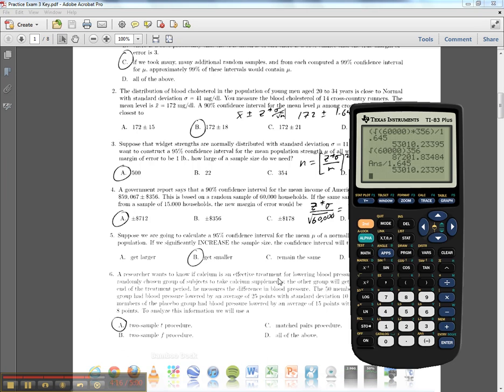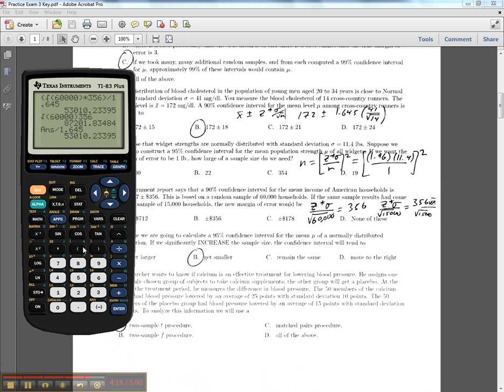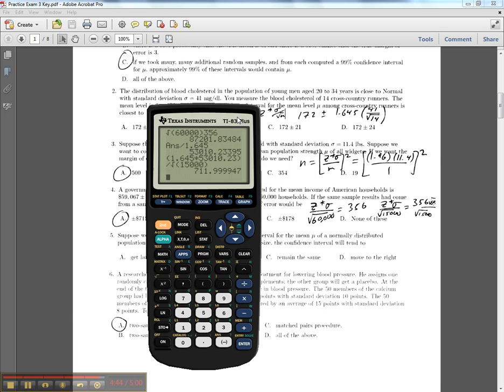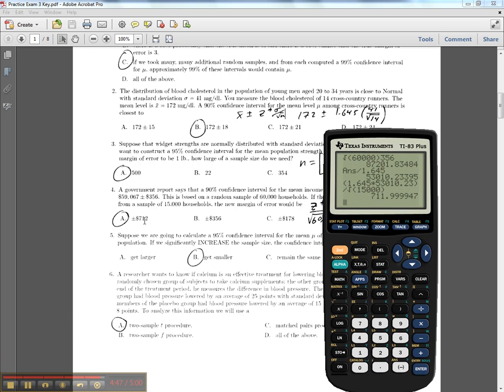We know that Z star is still 90%, so it's still 1.645 times the sigma, which is 53,010.23, and then everything divided by the square root of 15,000, and this will give us our new margin of error. Right? 711. Now we round that up to 712. So that's how you solve for number 4.